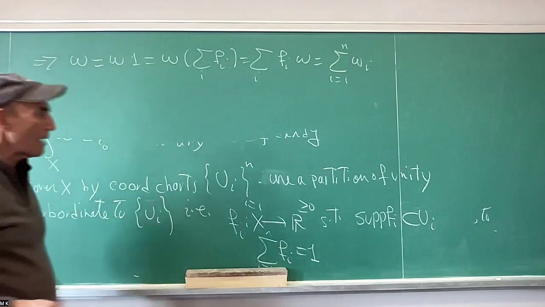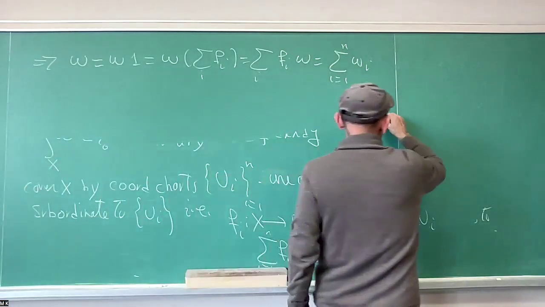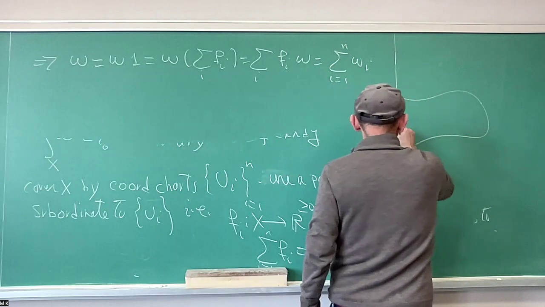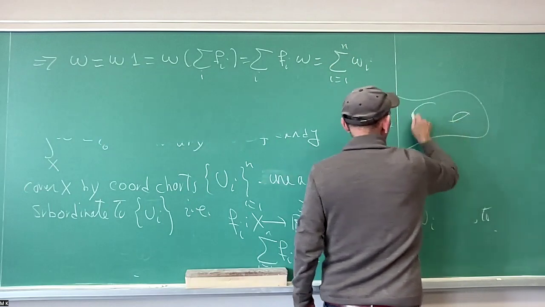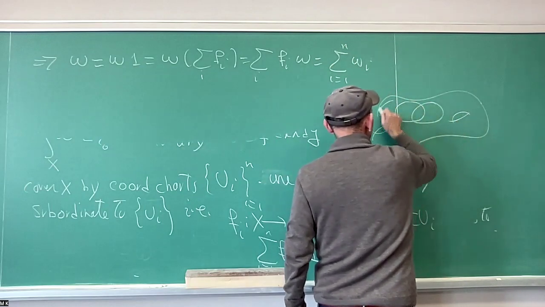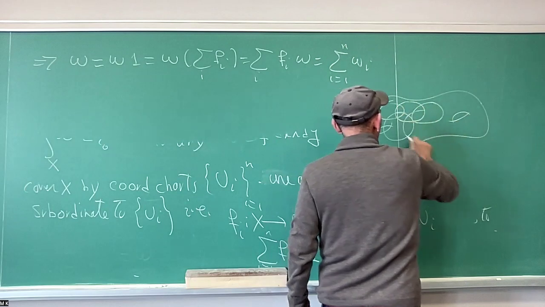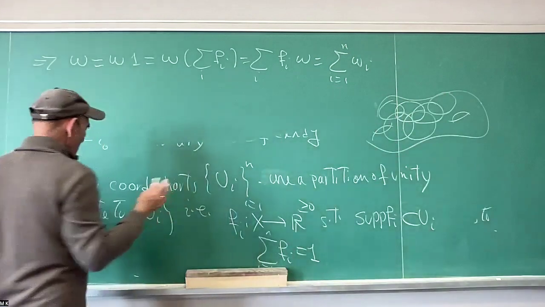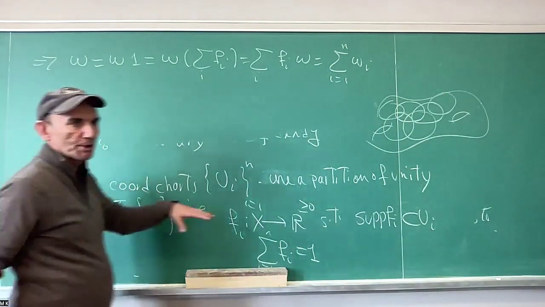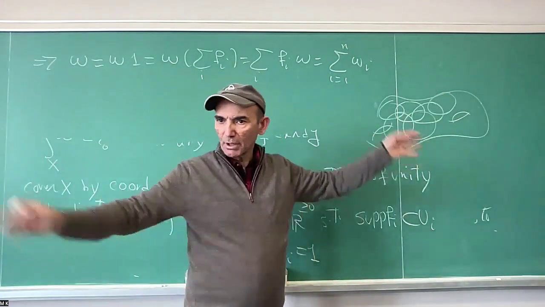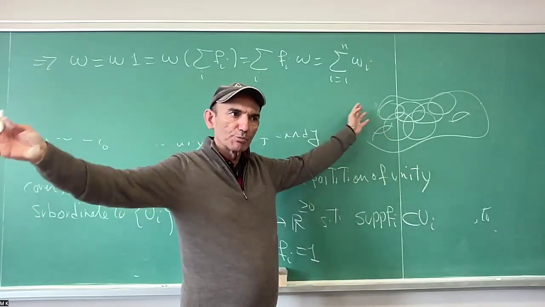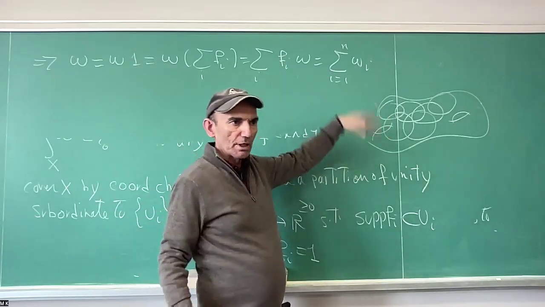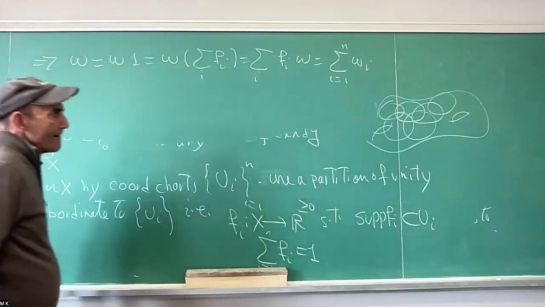Okay, now what happens is the following. So you have this surface. You covered it by a finite number of open sets, such that the support of this function is completely inside the union, and we don't care about the rest. You just take a large, big open set for the rest, because omega is 0 on the rest.